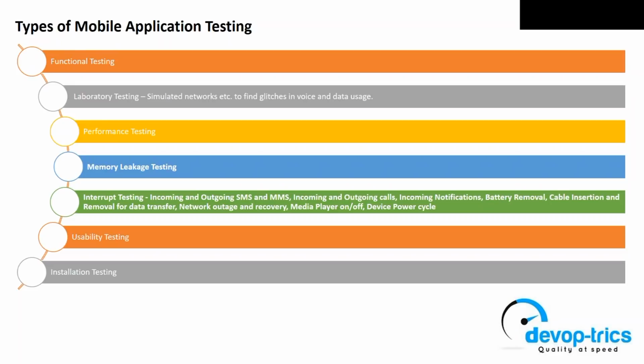Then comes performance testing. Some applications might be running very slow at times. When we get a new phone, applications run super fast. But whenever there is a load, say a lot of media files for that application or for other applications, or some space is not left on the device, then we start seeing degradation of the application's performance.